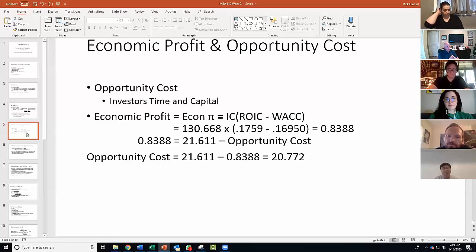So the 10% would have been your return on capital, the 7% was your cost of capital, and the difference between those is 3%, right? And if you invested $1 million, if we call that your invested capital, then your economic profit would be that $1 million times that 3%. You're a happy guy.